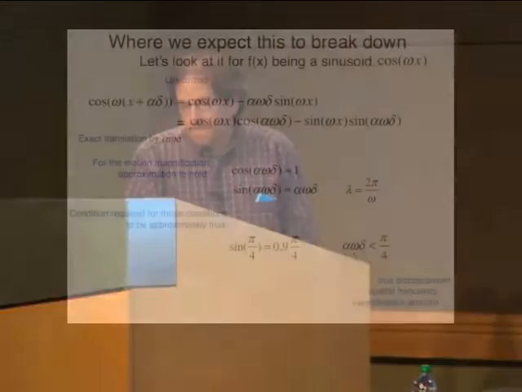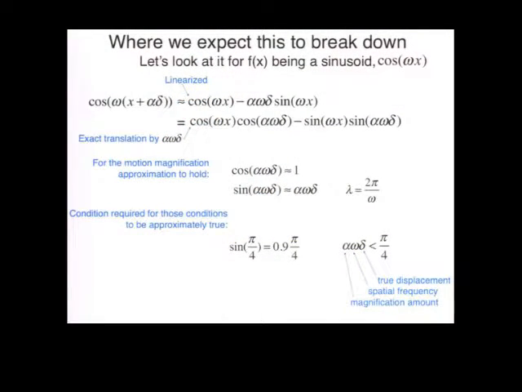And let's look at a particular function for a variation of intensity over space. Let's say it's a sinusoid. Then again, the top line, if it moves by some amount, what we're interested in is amplifying the motion by this factor alpha, and the linearized version is on the very top line.